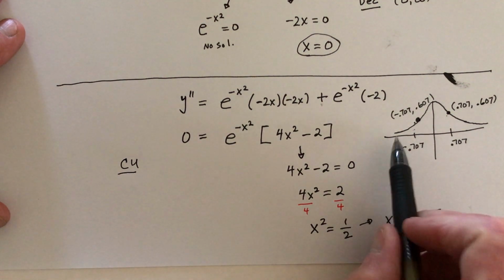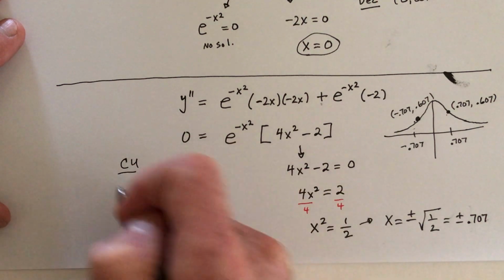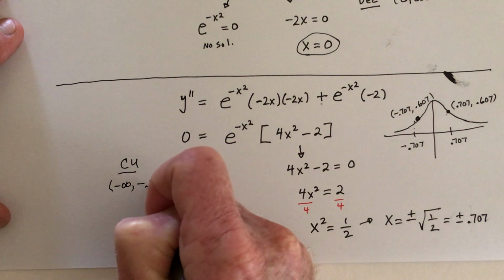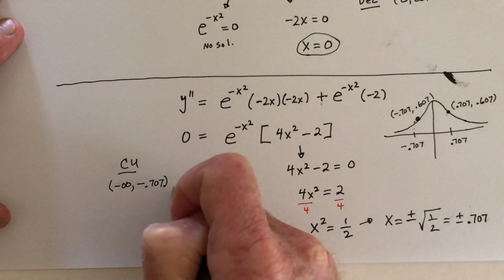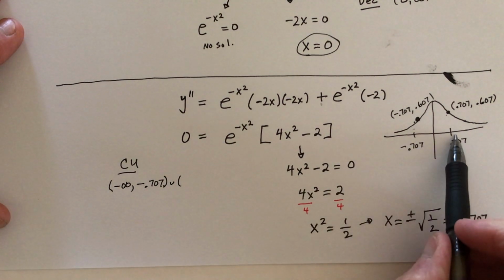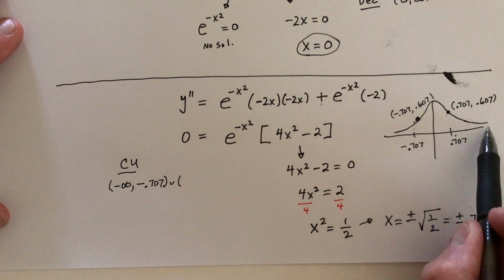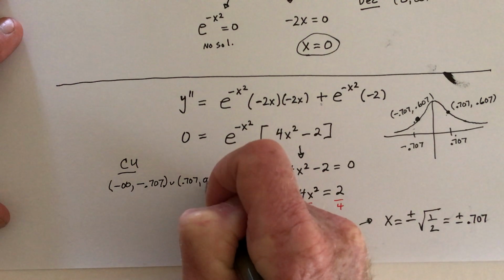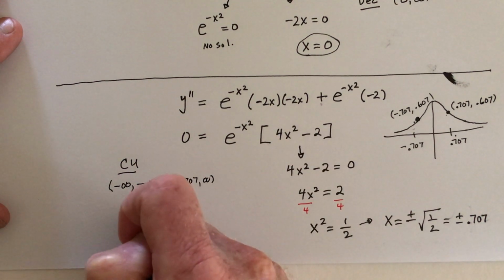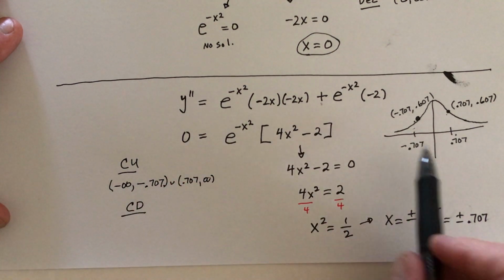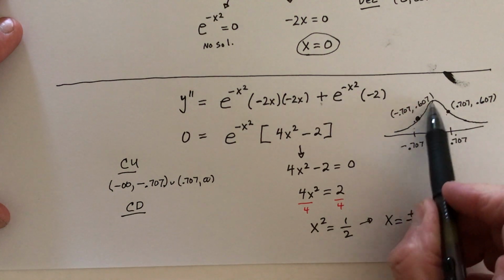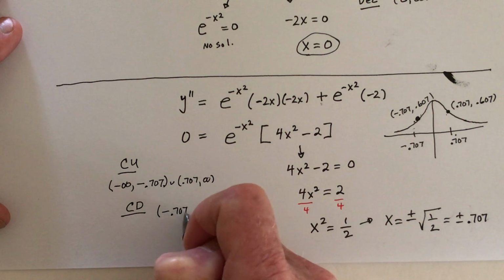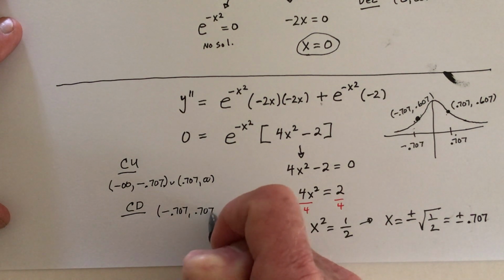For concave up, that would be the left side, from negative infinity until you get to negative 0.707, and then also the right side, from positive 0.707 to infinity. And that's the concave up. For the concave down, that's going to be the middle part, between negative 0.707 and positive 0.707.